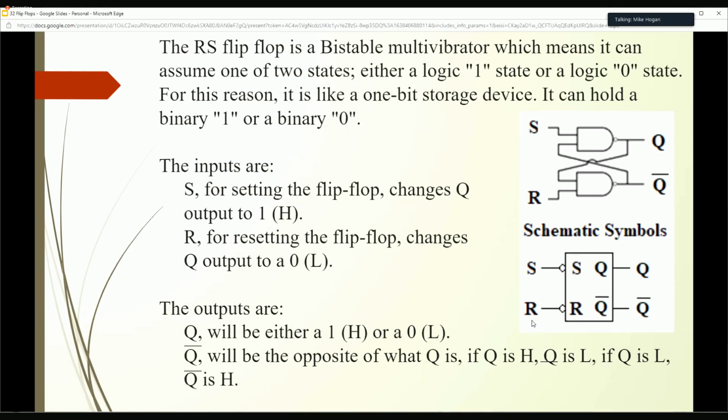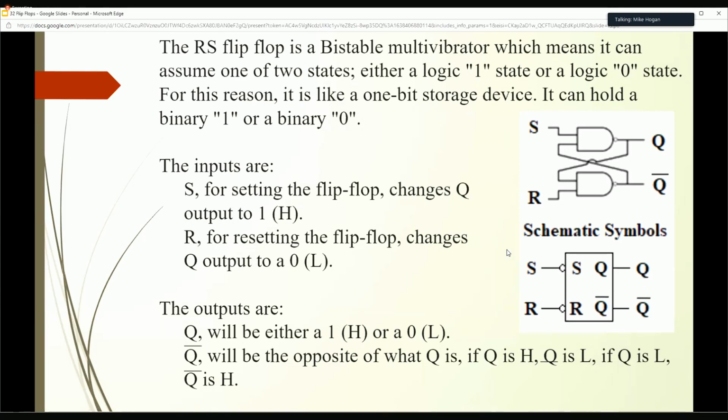My input of reset, when reset is active, is going to clear Q, and so it is now going to cause Q to be a 0. Well, if Q is a 0 with an active input on R, then Q not, the opposite, is going to be a 1. So if I set it, I get a 1 on Q. If I reset it, I get a 0 on Q. Now, the trick here is we look at these inputs and outputs.